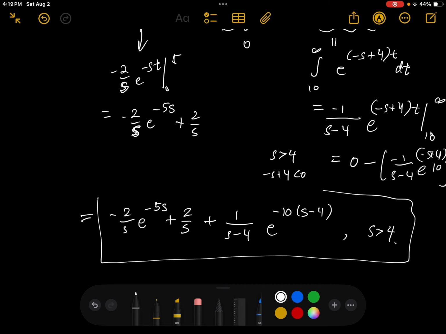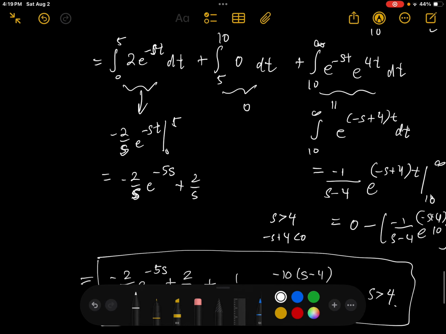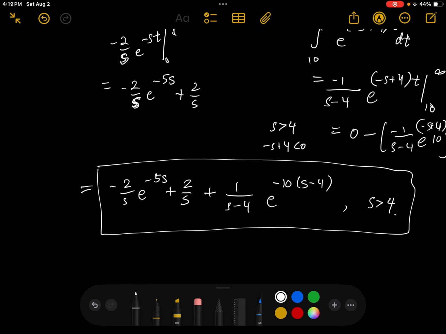So that's the Laplace transform. Again, if s is less than or equal to 4, this right-hand integral is not defined. So that's the Laplace transform.